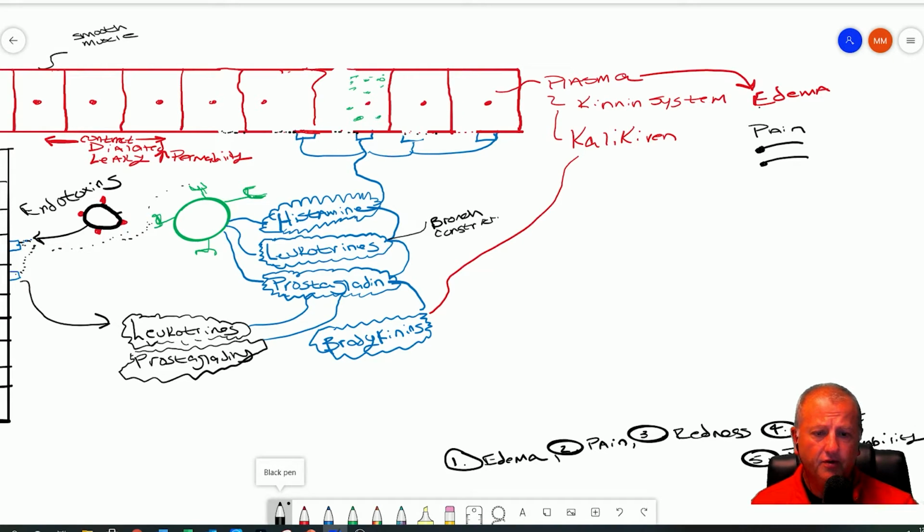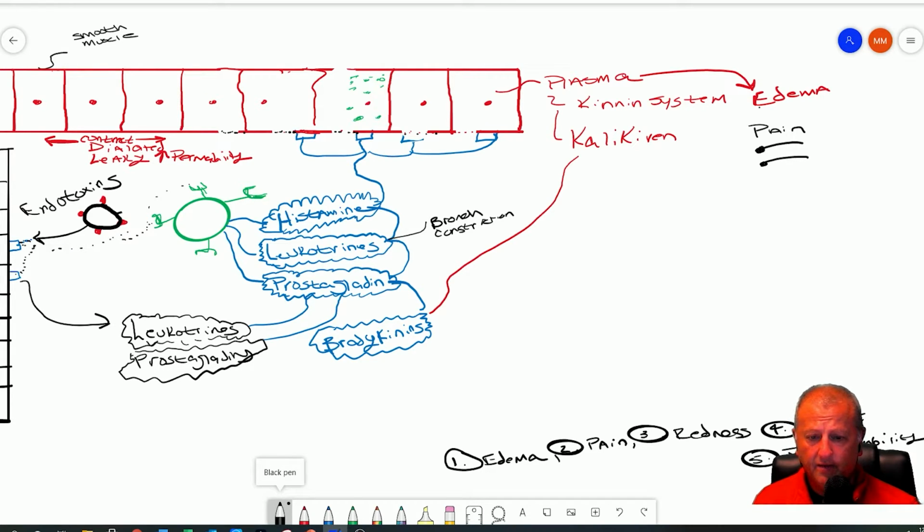So bronchial constriction, all right, and also is going to cause bronchial spasms. This is leukotriene's really bad stuff. It's the same stuff that's released in an allergic reaction along with histamine. So same stuff that you would see in an anaphylactic reaction. All right, so that's where we're at so far.